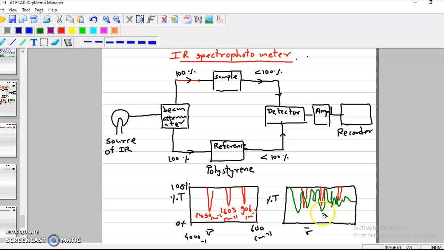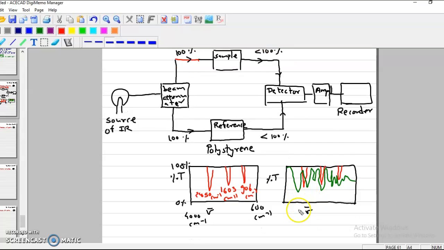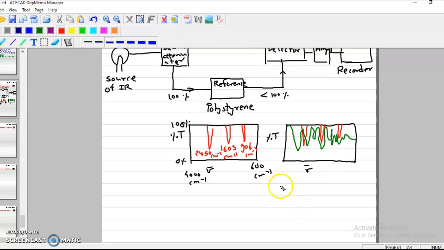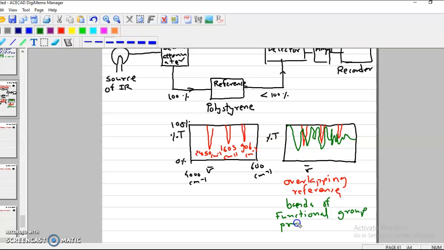This may be the IR spectra of the sample, in which the red bands are due to the reference, which is overlapping, and the green spectra will be the bands of the functional groups present in the sample.